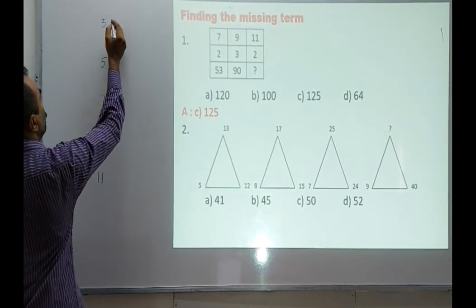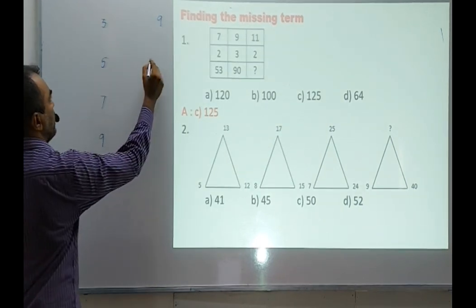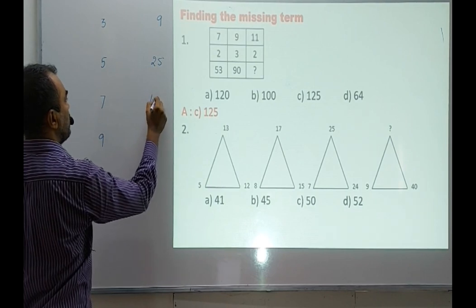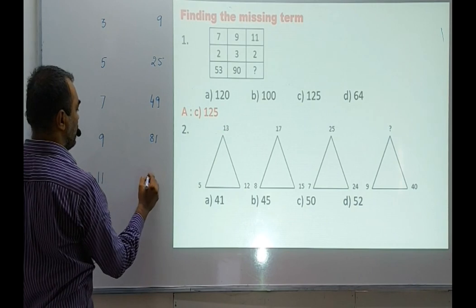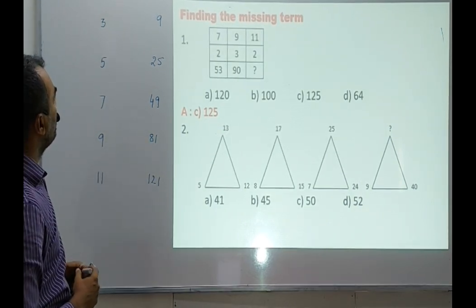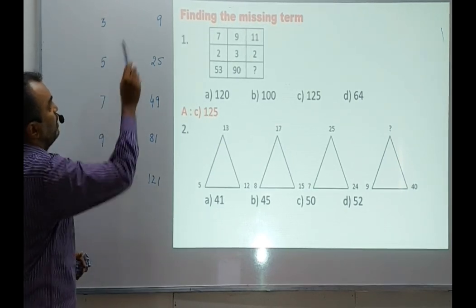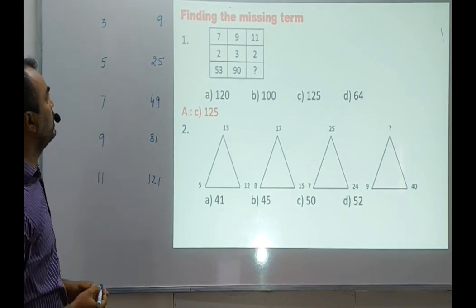Now what is the square of 3? 3 square is 9. 5 square is 25. 7 square is 49. 9 square is 81. 11 square is 121. Okay, you will see the logic very shortly. I have written the squares down.